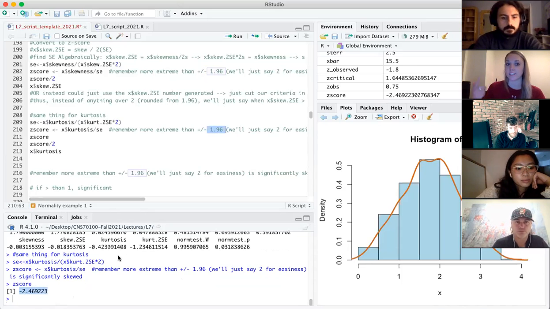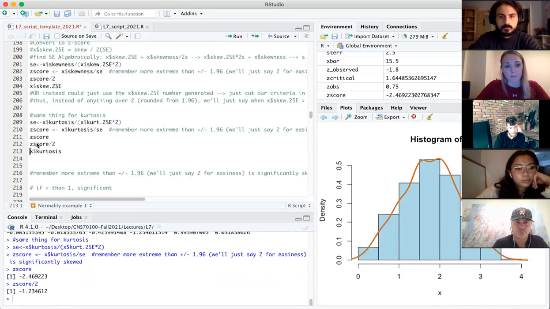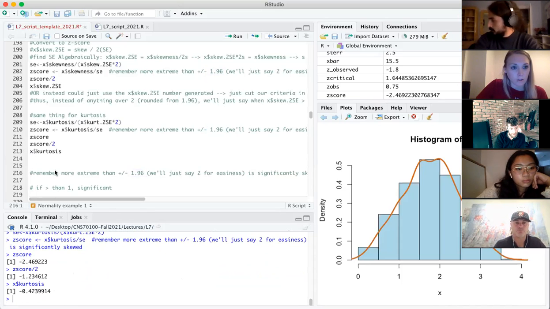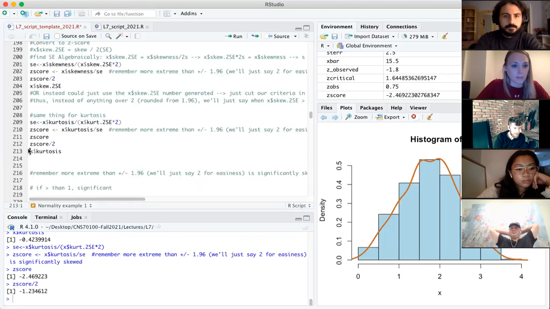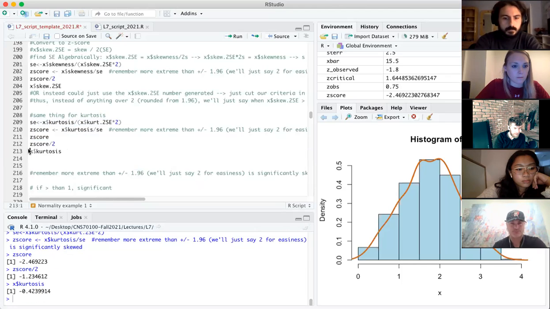That means we have significant kurtosis, and that tells us the exact same thing. If we divided that number by 2, that's the exact number. Oh no, what's happened here? It should be the same number. Oh, I see the problem, I actually need 2SE.